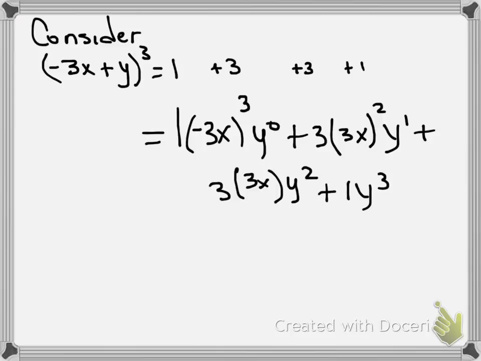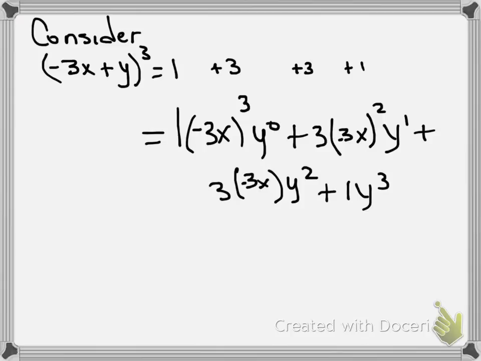So, (-3x) to the second power, and we have y to the first. And right here, we have (-3x), then y to the second power. And on the third one, the (-3x) is to the 0 and y to the third.